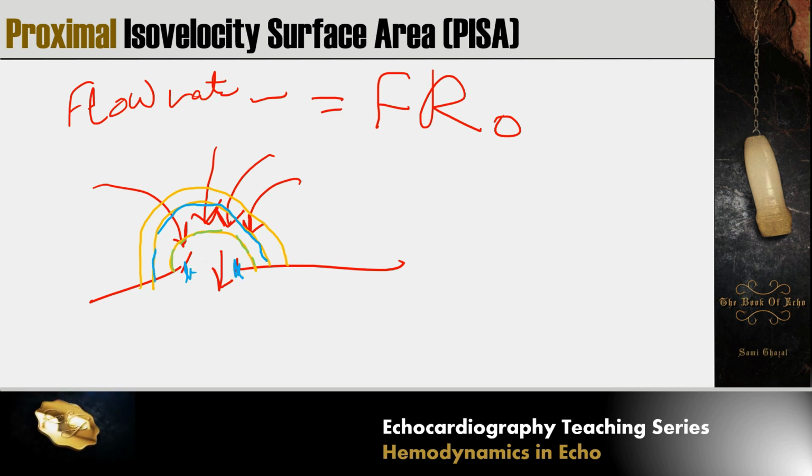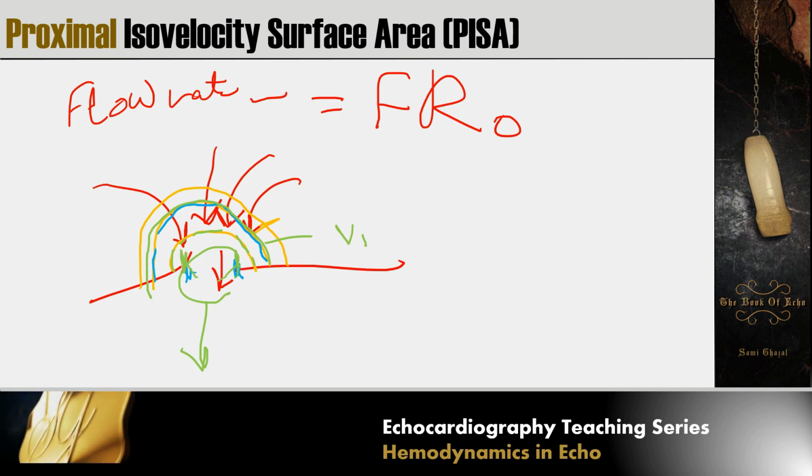If we know the velocity here and the area of a hemisphere, and we know the velocity at which it exits this opening, we can calculate the remaining area of the opening. We will see this in the coming slide.